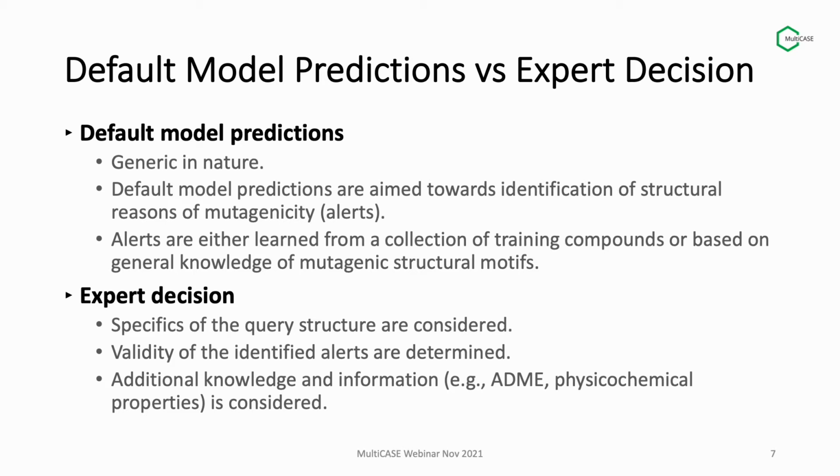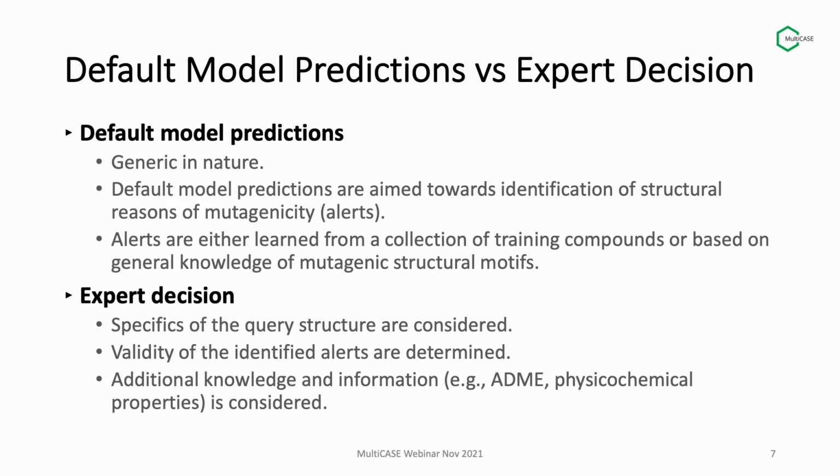The expert decision, on the other hand, is specifically oriented towards the query structure that you are interested in. So in the case of expert decision, we try to find out if the identified alerts are valid for your query compound or not. And also, additional knowledge can be incorporated in the expert review process, and those are also specific to your query chemical.